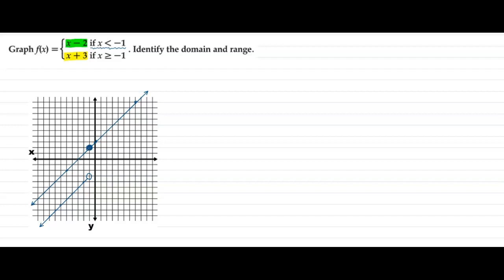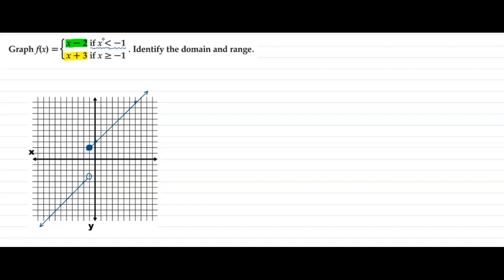So I put a closed dot. And now I need to erase part of that line that I just drew. I want to keep the part that is greater than -1. This part right here is where x is greater than -1. So I'm going to erase the other part. And now I'm finished. I've graphed this piecewise function.